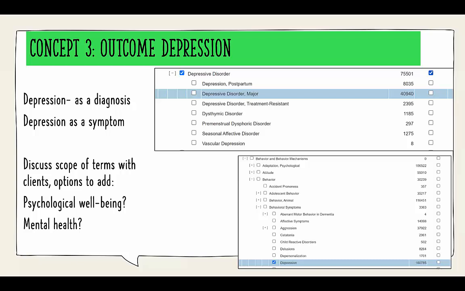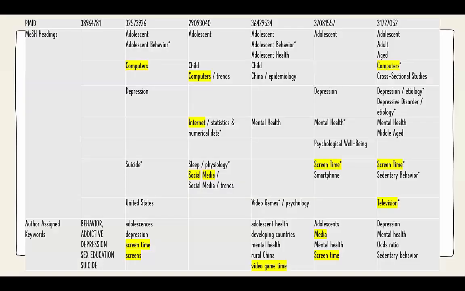This is where, when we go to translate into another database, like APA PsycInfo, we're going to see a big difference between the two databases. The source, of course, PsycInfo is going to have a much richer area around depression. And this is where I would need a lot more feedback from my group. I can switch back real quick here. Maybe you can see some of it.